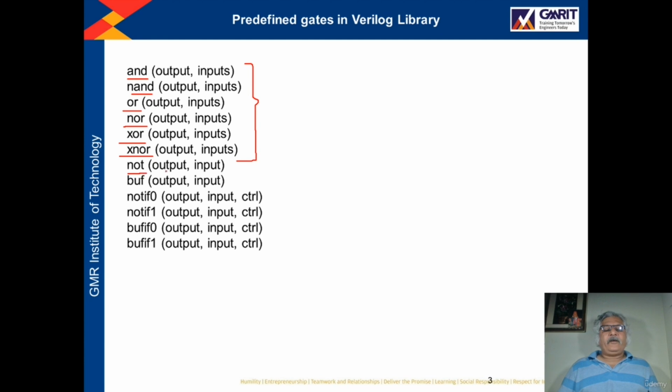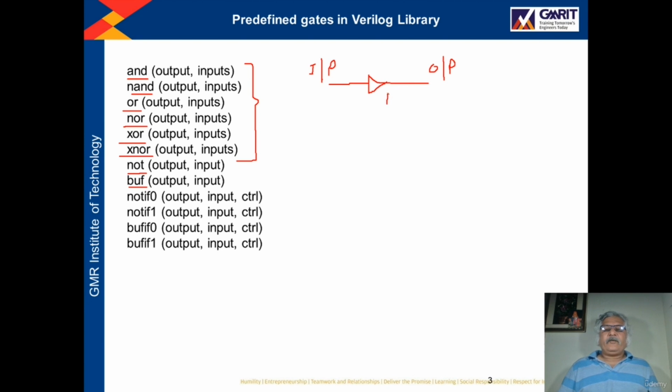Now the NOT gate has a single input and a single output. Buffer, BUF, is for buffer. So this is the buffer, right? Here we have the input and here we have the output.